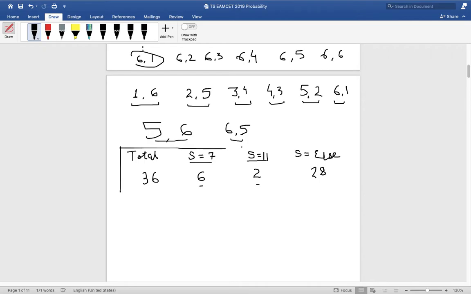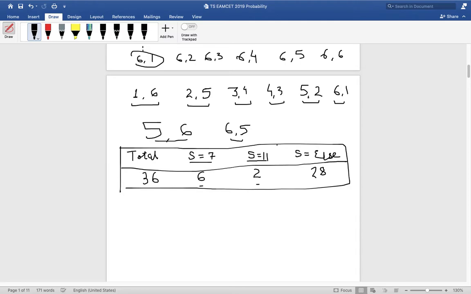So this is your event distribution table, where the total possibilities are 36, out of which there are 6 cases when your sum will be 7, 2 cases when the sum is 11, and 28 cases when the sum is neither 7 nor 11.